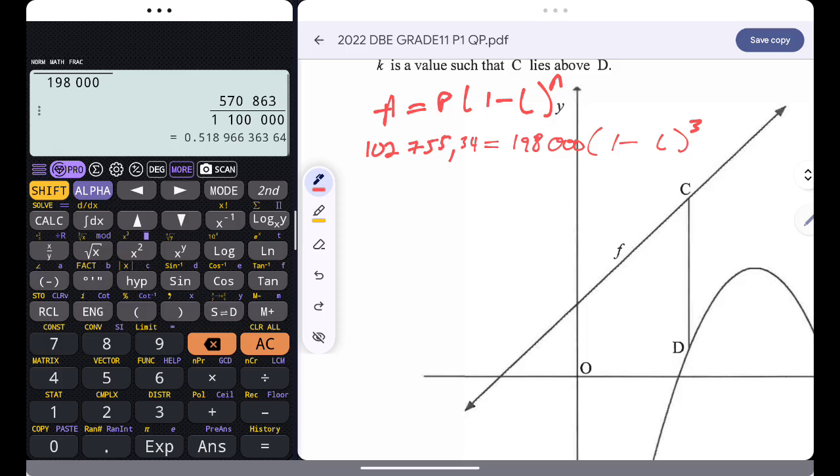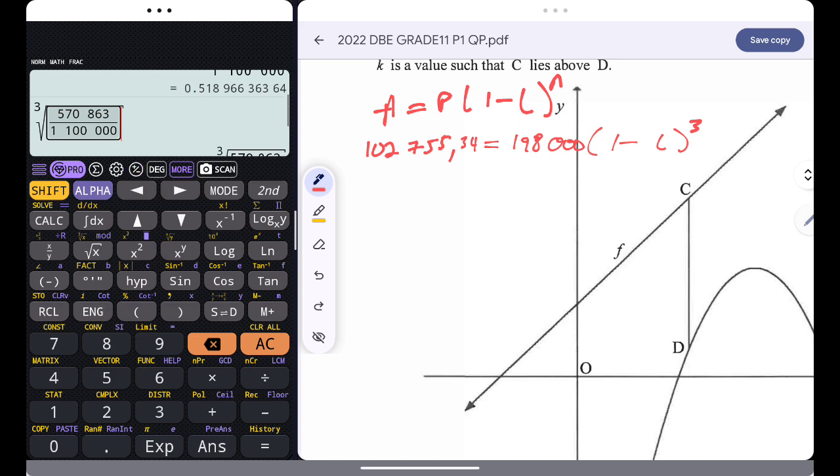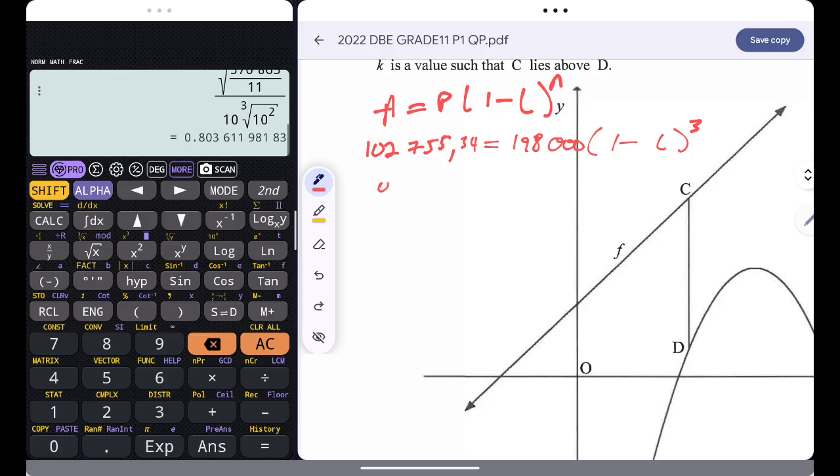How can I find the cube root? Shift, cube root, answer. So I'll have 0.80361198183, which is equal to 1 minus i.